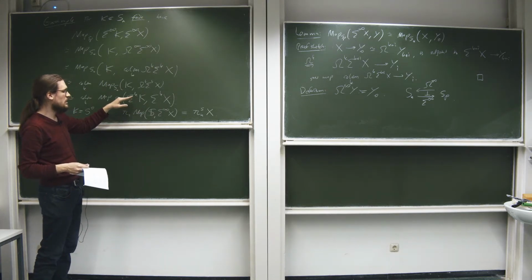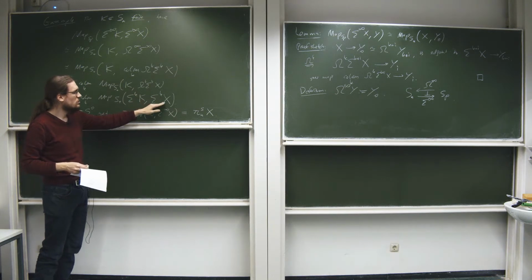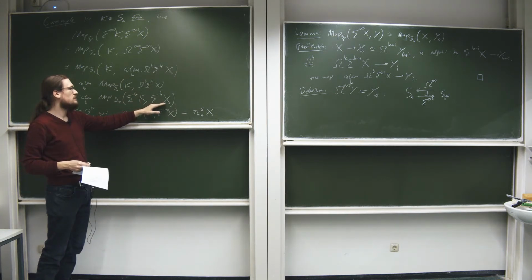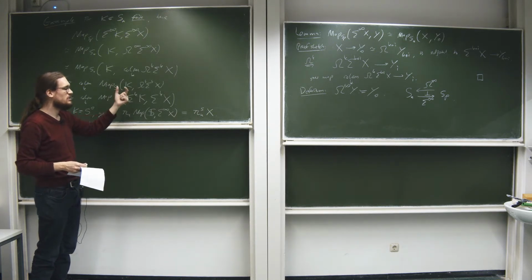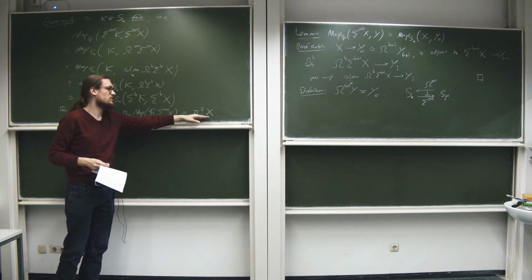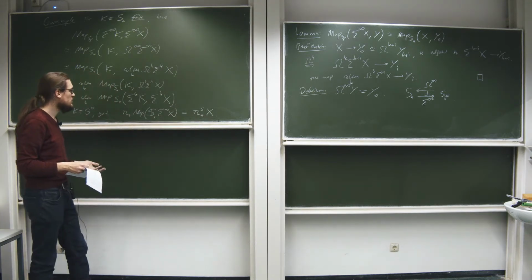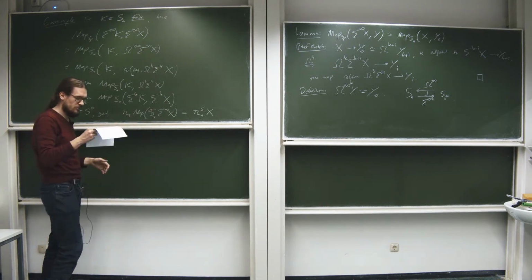I can take maps out of S^(n+k) into sigma K X, and then suspension gives me a map that increases the K, and I take the colimit over all of that. That's by definition what this pi n s of a space means. And we see here nicely that this is encoded into this suspension spectrum.